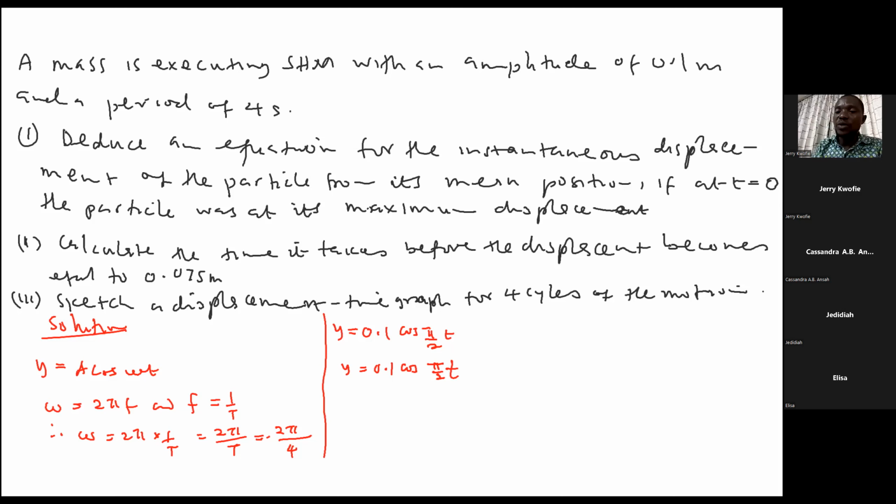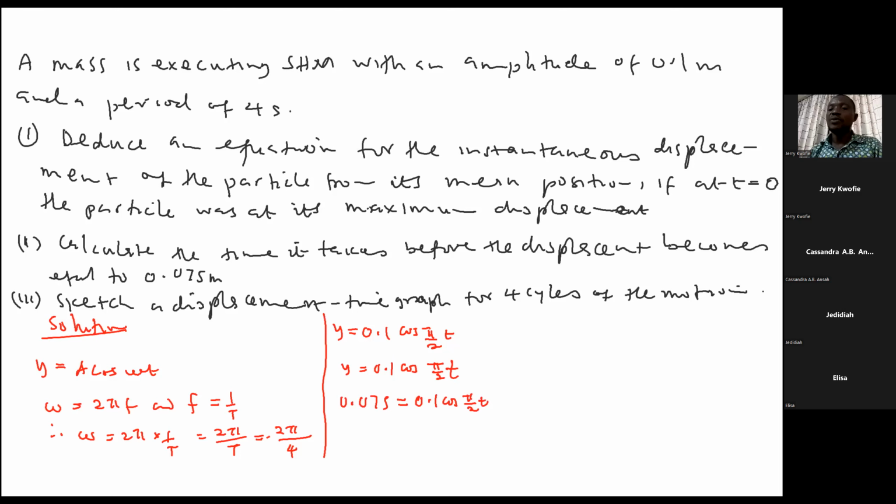What we are going to do is to substitute the value of the displacement, 0.075, into the equation we have found. If we do that, we get 0.075 equal to 0.1 cos of pi over 2 times t.